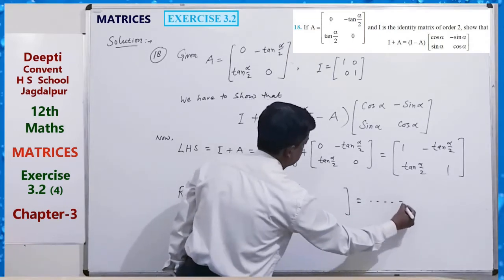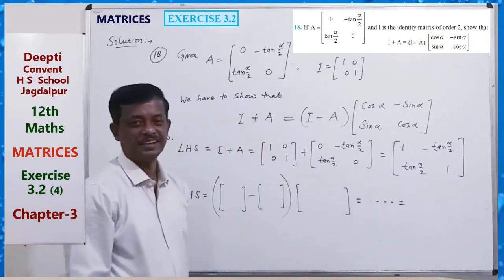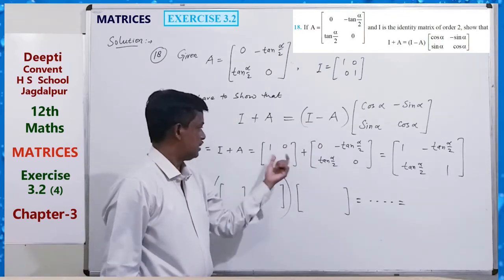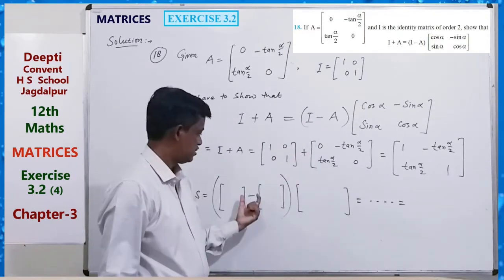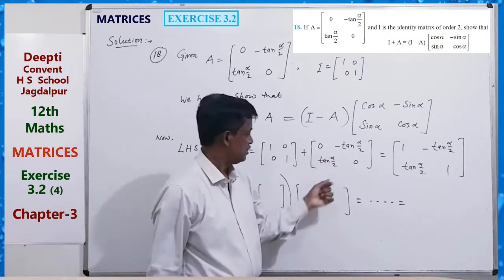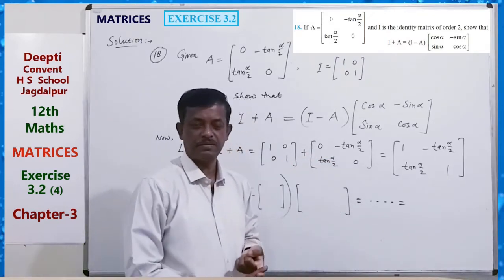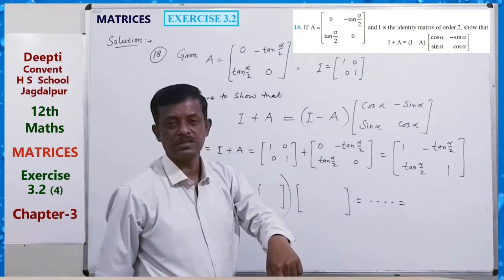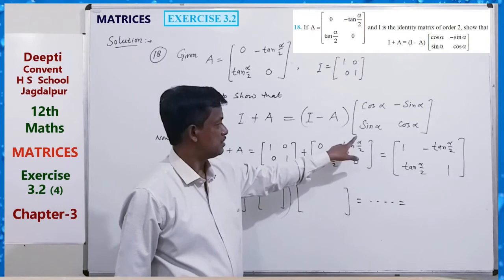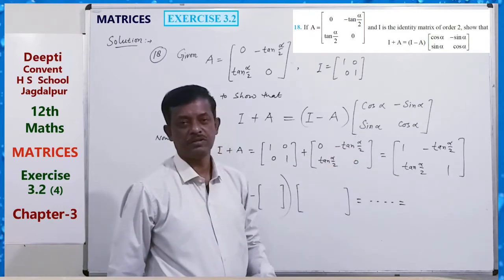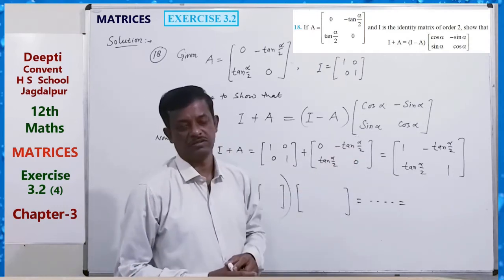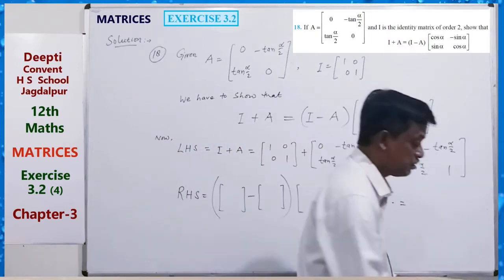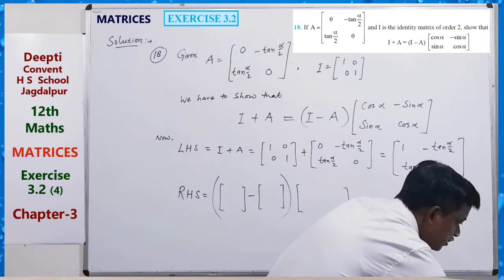Just do it. After subtracting these two matrices, and using this matrix, just multiply it and convert tan to sin by cos, sin alpha by 2 by cos alpha by 2, and use the formula of sin A plus B, cos A plus B. You can get the result.